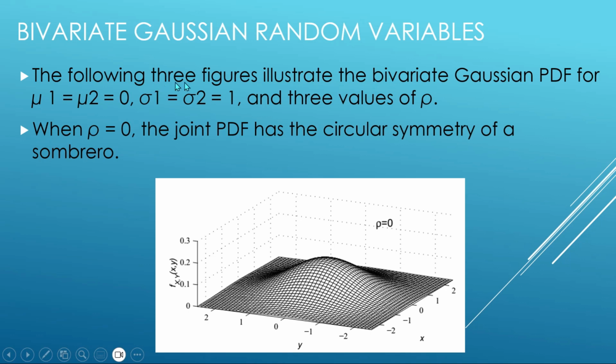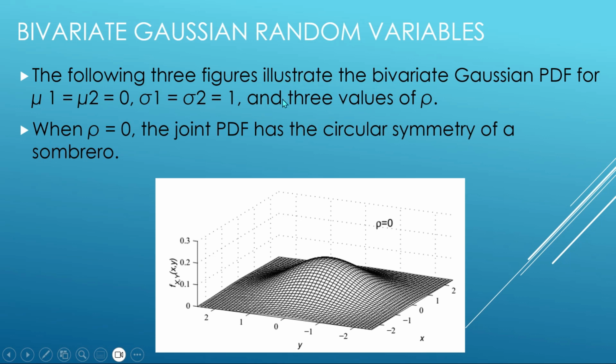The following three figures illustrate the bivariate Gaussian PDF for mu 1 equal to mu 2 equal to 0, sigma 1 equal to sigma 2 equal to 1, and three values of rho. It means that in all these three figures, the mean value is 0 and the standard deviation is 1 for both random variables x and y.